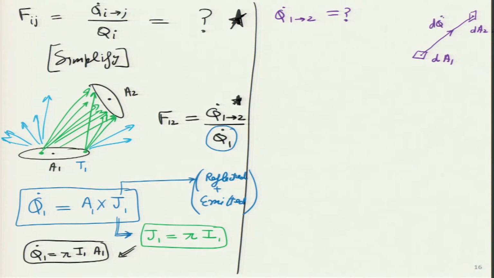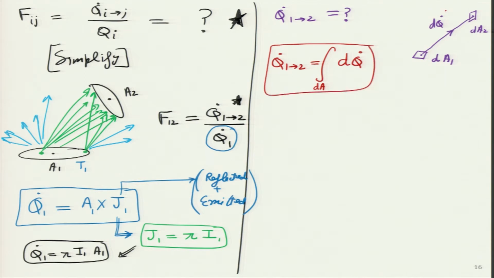And the answer is yes. If you remember from our previous class, we have already written this expression, and q dot 1 to 2 will be simply the integral of dq dot over the whole area dA1, which means I need to figure out the value of this dq dot, which is very simple.